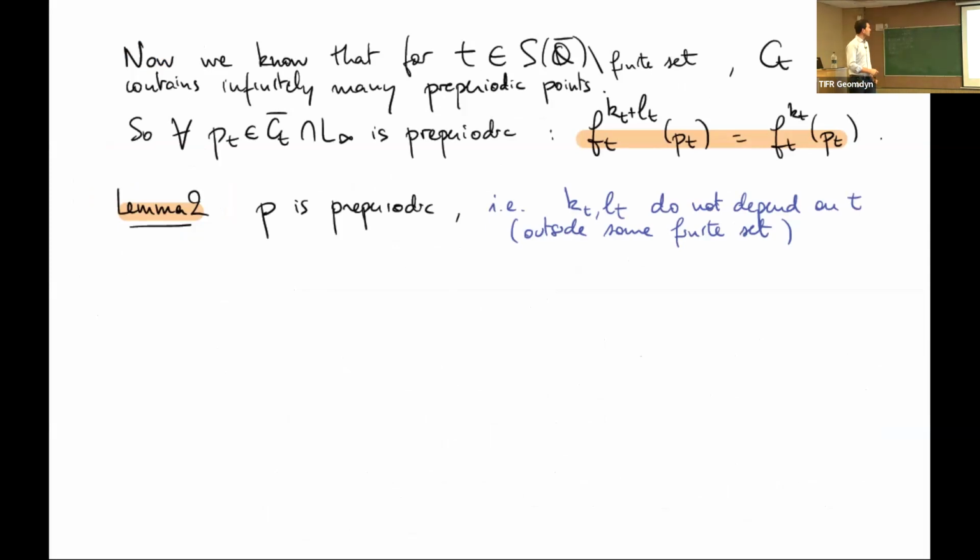So for every such t, let me pick a point P sub t at infinity for my curve. And I know that for every algebraic t, we have a relation like that. But of course, everything depends on t. The pre-period, the period, and even the point on which it will fall depend on t. So lemma 2 is that all this does not depend on t. Maybe you have to exclude some other finite sets.